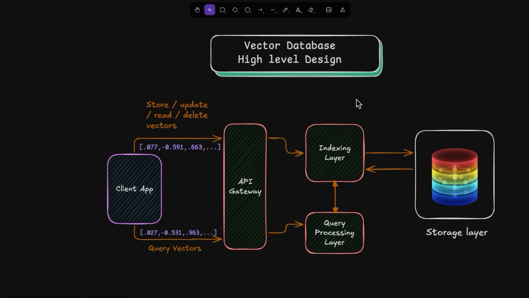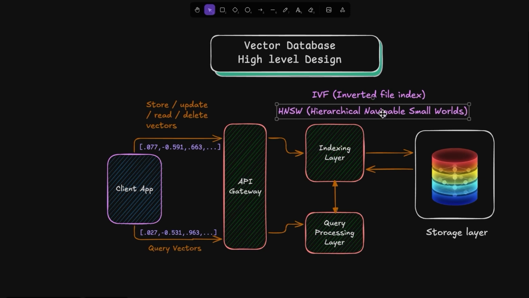For indexing, there are two techniques that most vector databases apply. One is IVF, which stands for inverted file index. This is one technique that most vector databases use for indexing, and there is one more popular indexing technique, that is HNSW, which stands for hierarchical navigable small worlds.